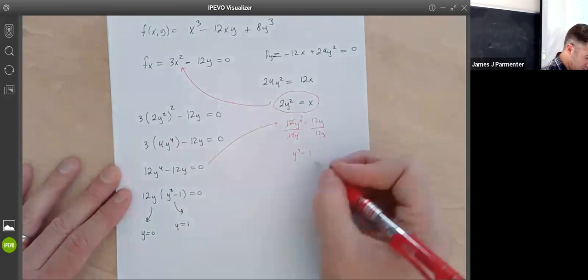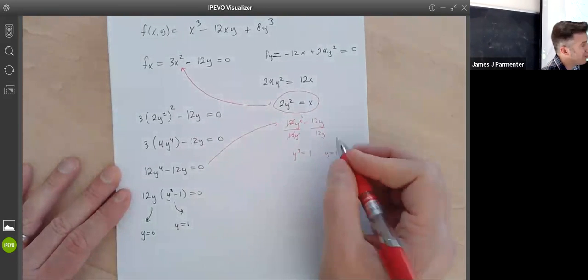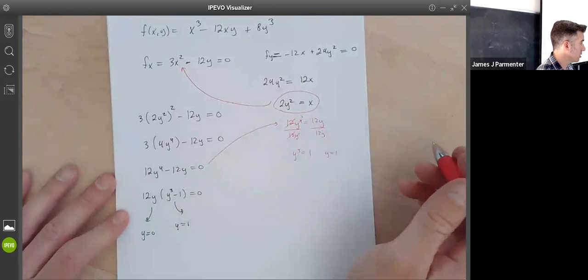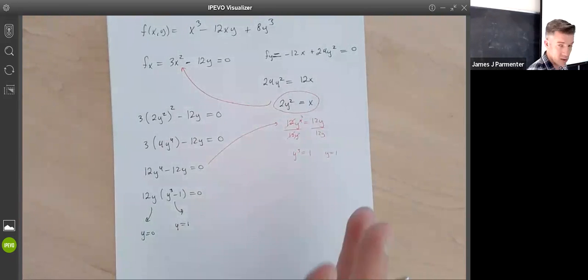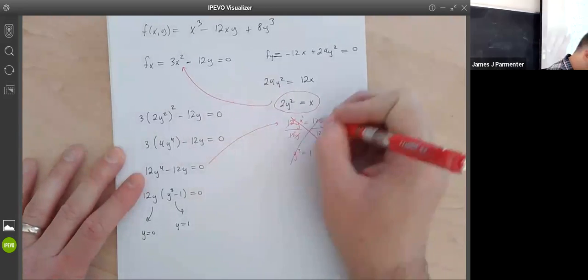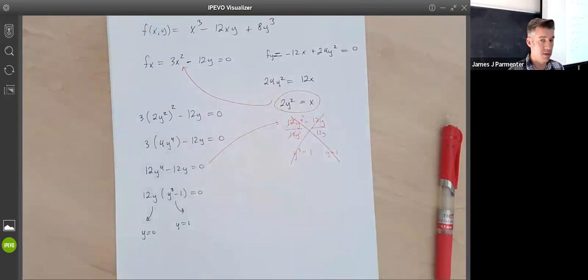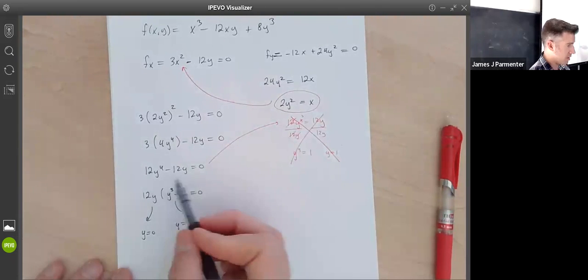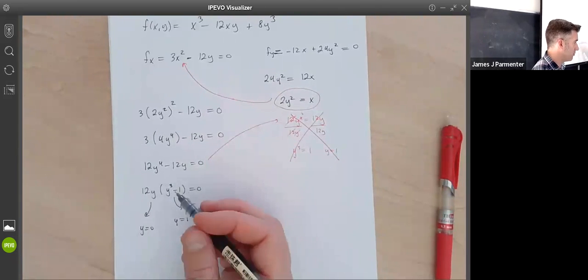You're still getting y equal to 1, but you're losing the y equal to 0 solution. So I want to strongly encourage all of you to not divide by your variables if you can avoid it, because it's often going to lead you to losing one or more solutions. It's always, or almost always, a better idea to bring everything to one side and factor as much as possible.